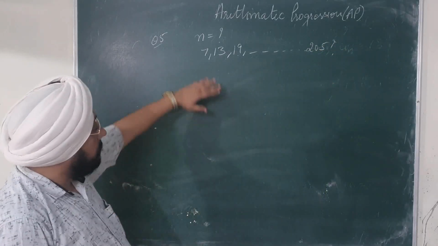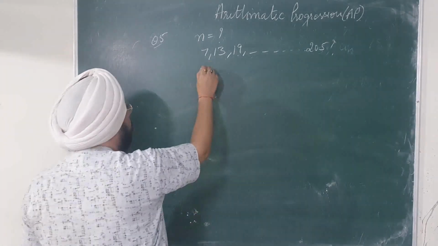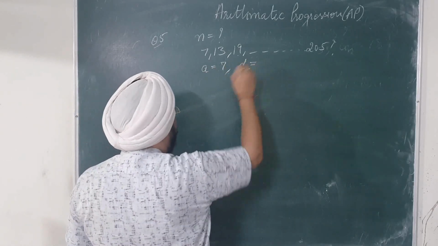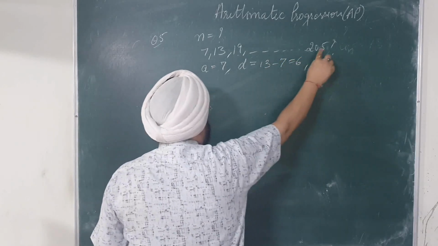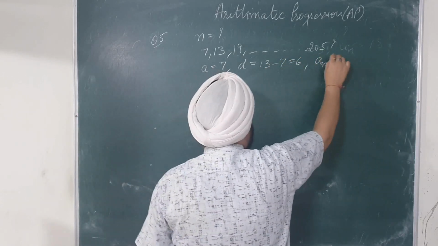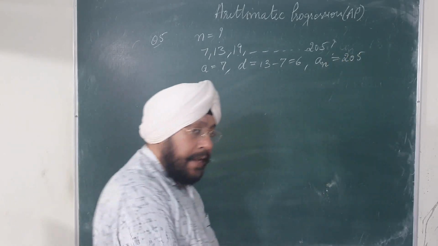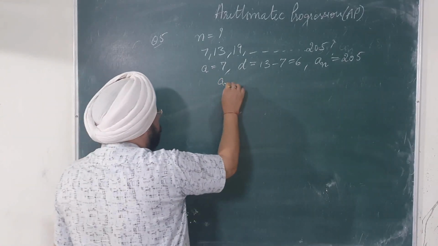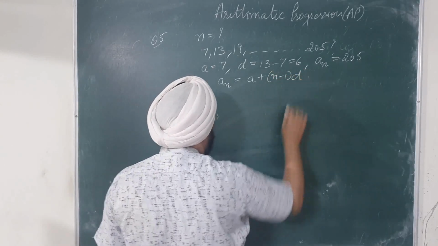Now it's clear from this AP that if the AP is given to you, we can calculate a, that is the first term. We are able to calculate d, that is the second term minus the first term, and this is the last term. Last term means the nth term is also given to you. So you can clearly see this is the same question we have discussed just now. Apply this formula: an is equal to a plus n minus 1 into d.